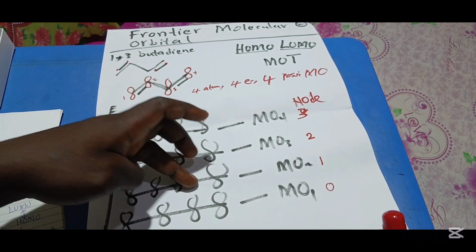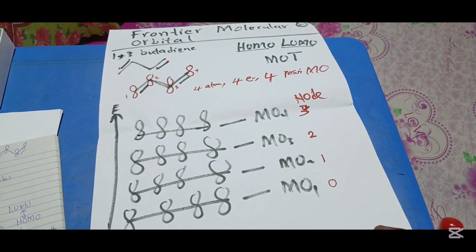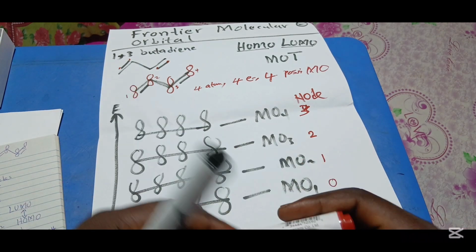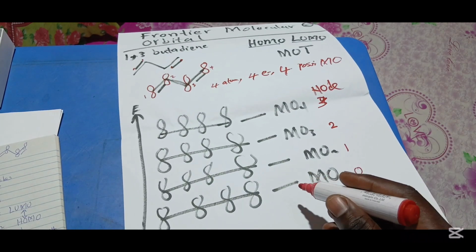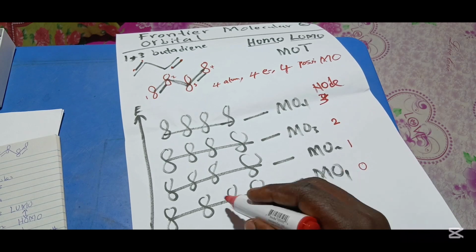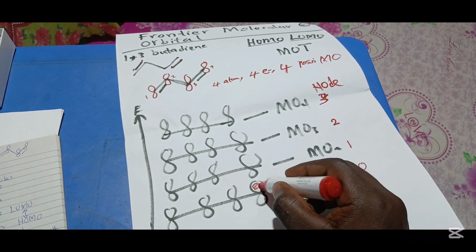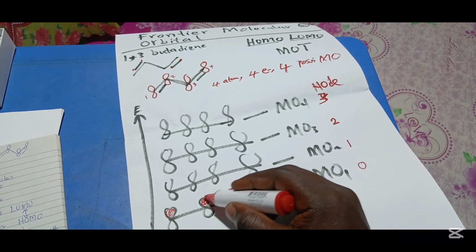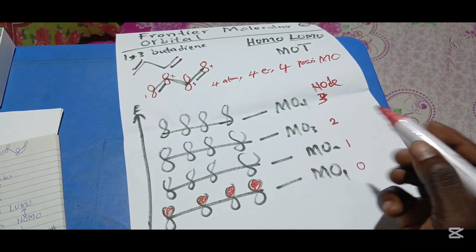And here we have to get 1 node, here 2 nodes, here 3 nodes. Let's see how we can do that. So we know the most stable conformation is the one with 0 nodes, right? So all these are in phase. When we are done, we are going to interpret what this actually means.